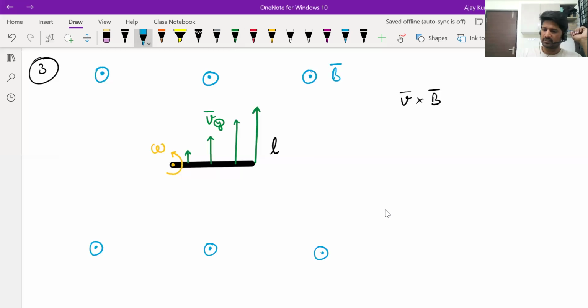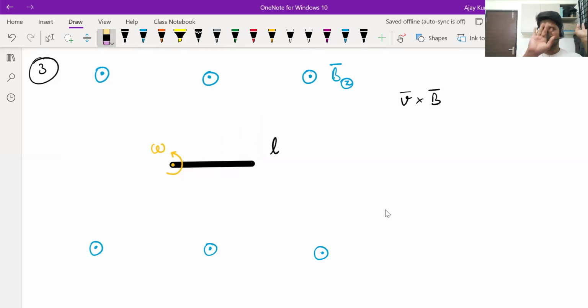Magnetic field given in the question is in the z direction. Out of your screen means positive z. Velocity in y direction, magnetic field in z direction, length is in x direction. All three are mutually perpendicular. There will be EMF induced. We now have to derive how much EMF is induced.